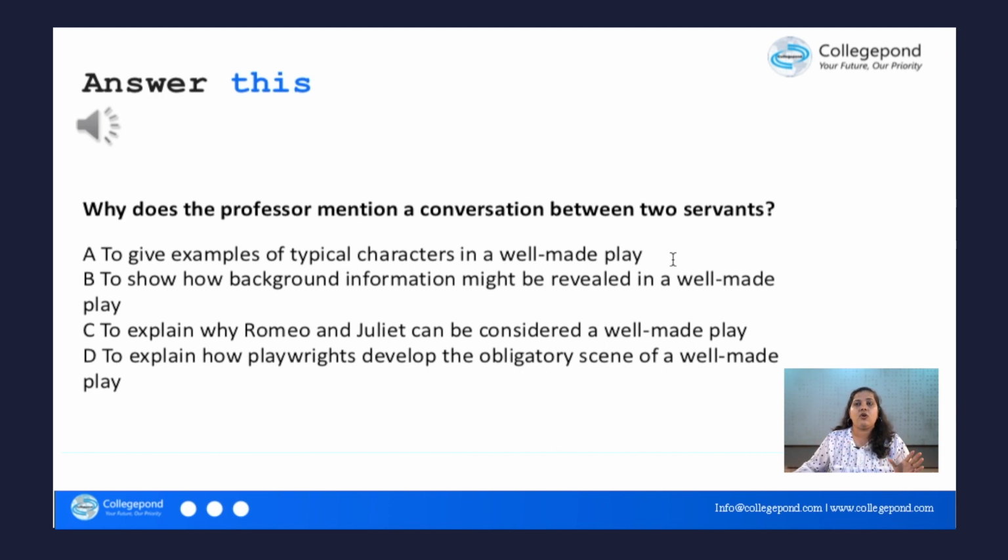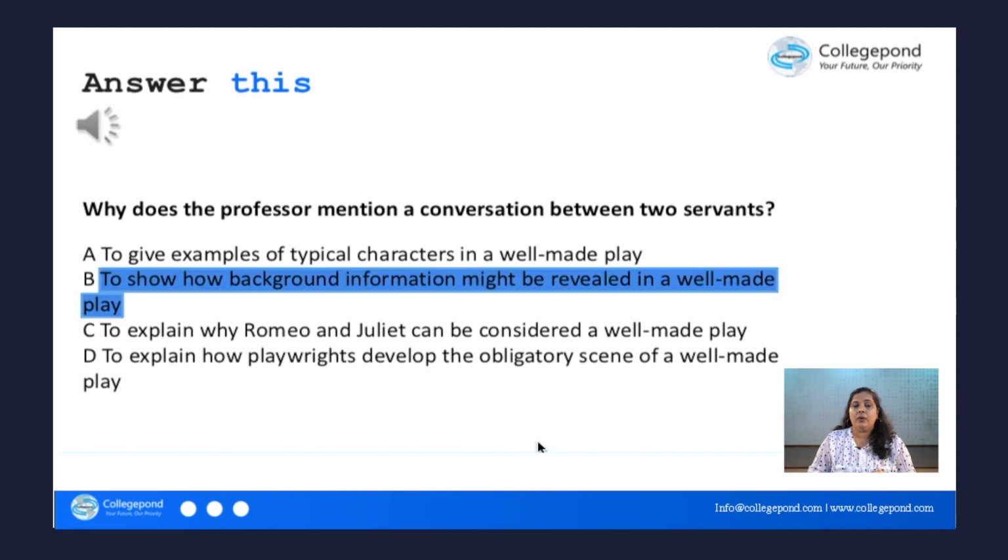So he is talking about the servants when he's talking about the exposition part, and the exposition part actually gives us the background information, which is here. So that is why this is the correct answer for us.